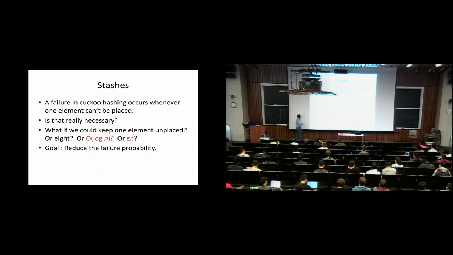So what if we could just say, well, if you have one item that fails, let's hold it off to the side. Stop trying to put it in the table if it won't go in. Let's have a small stash of unplaced items. And if the stash is non-empty, we can always look at the stash whenever we do a lookup. As long as it's small, it won't be a big deal.